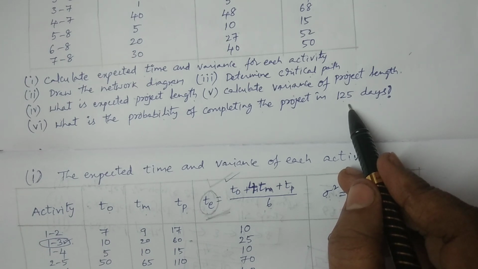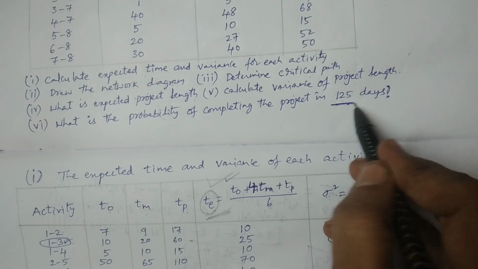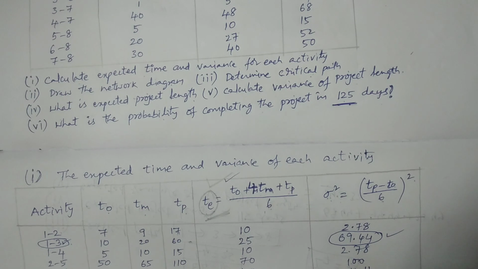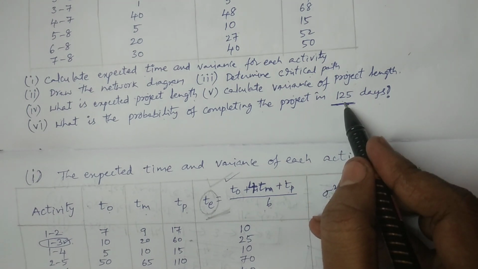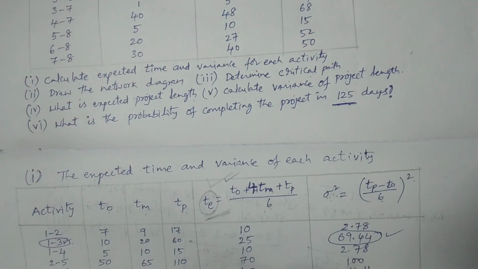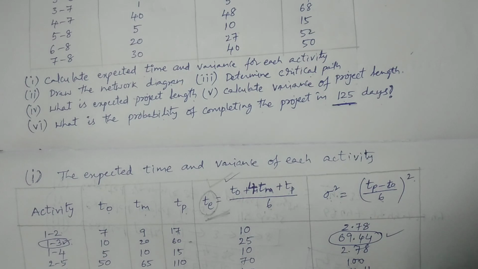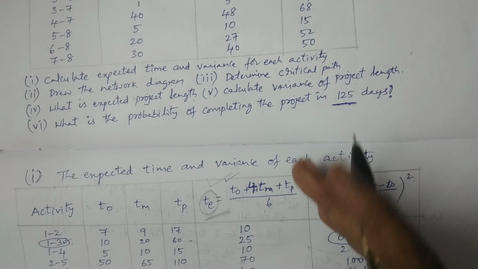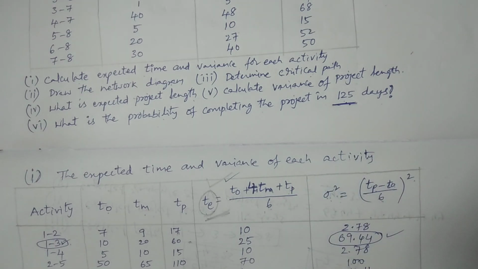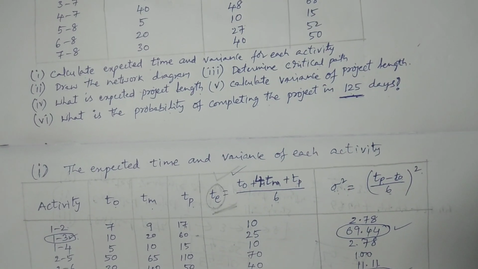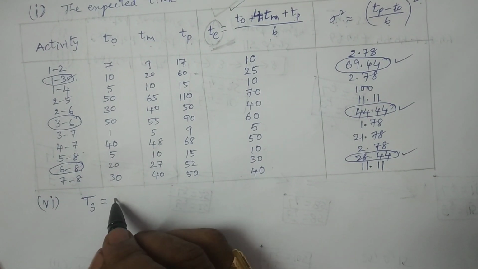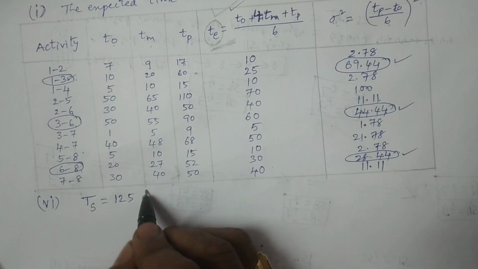A company, an organization or an individual has given this schedule, and asks what is the probability of completing this project in 125 days. Therefore, it is denoted by Ts. The scheduled time is 125 days.